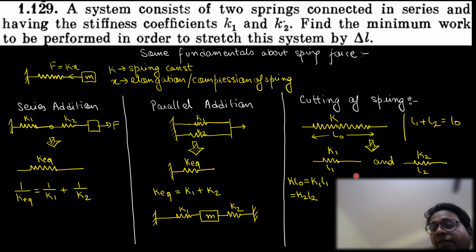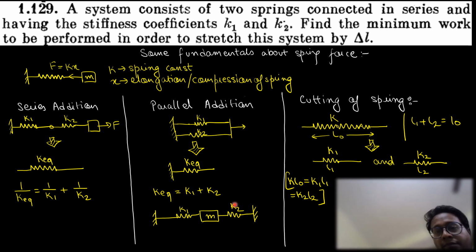If the spring is cut into three pieces, with K3 and L3, as long as L1 plus L2 plus L3 equals L0, the relation is K L0 equals K1 L1 equals K2 L2.